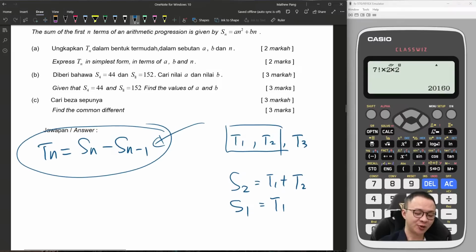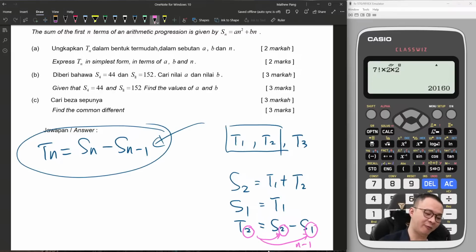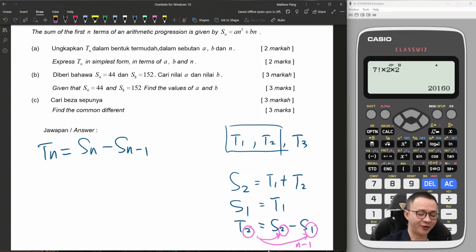So if I want to find T2, I will use S2 minus S1. Make sense or not? If you see carefully, if 2 is the n value, then for T2 you can see this n value follows. But then how do I get 1? Basically it is n minus 1. Do you see that? If you can understand this common logic, then we can just do a substitution. If you can't, then it will be a bit hard for you.